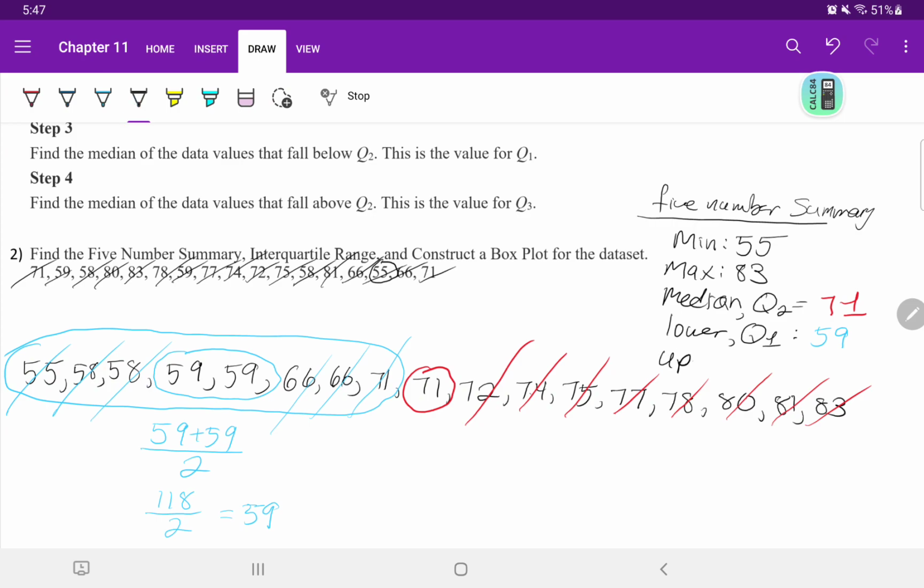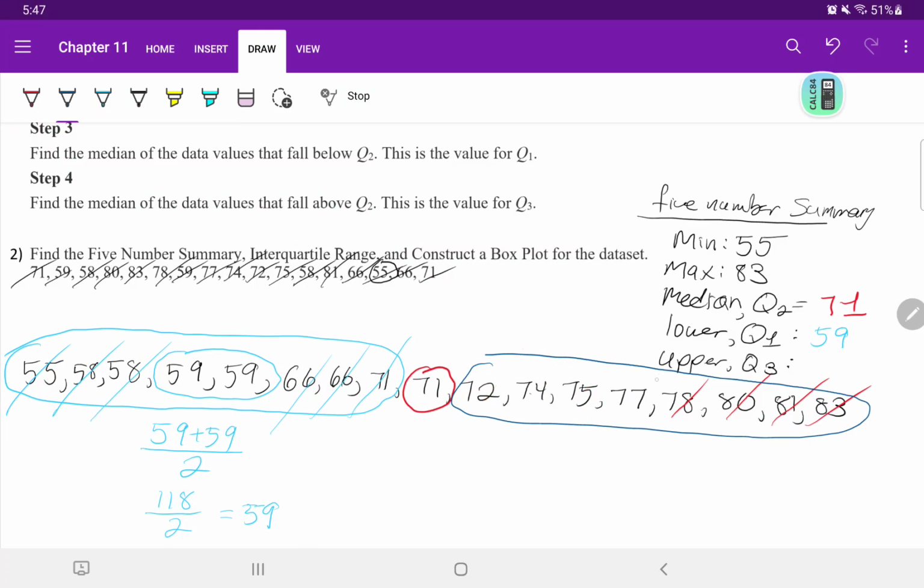And now we're going to find the upper quartile, which is Q3. And we're going to focus on the data values that are above the median. So let's reset our data set. And I'm going to do this one in purple. So it won't be these values. Once again, two middle values, 77 and 78.